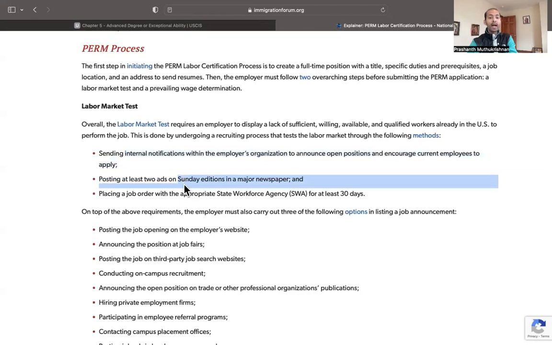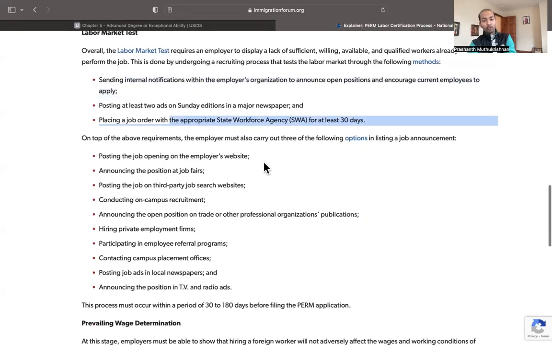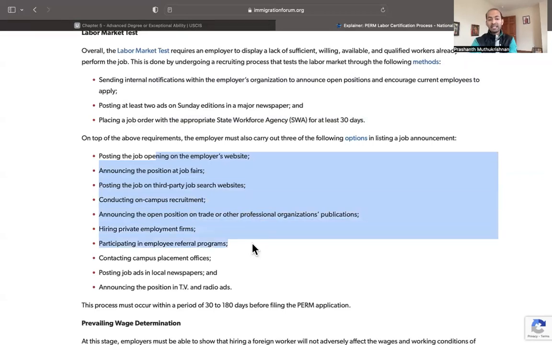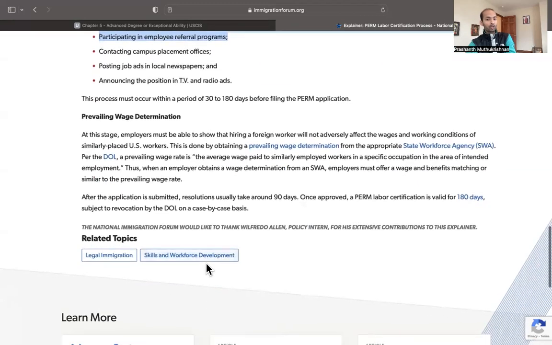They have to have two advertisements on Sunday editions in a major newspaper, placing a job order within the state workforce agency for at least 30 days. On top of these requirements, the employer must also carry out three of the following options. For example, posting the job on the employer's website or job fairs, Practice Match, Practice Link, various sites like Indeed, LinkedIn, and so on. So those are all the things.